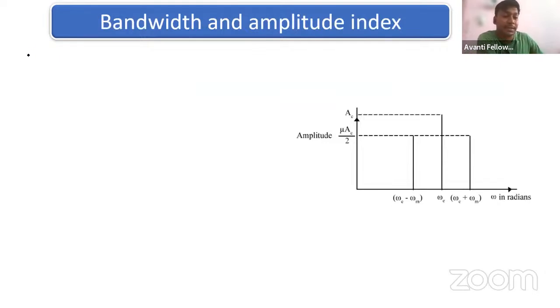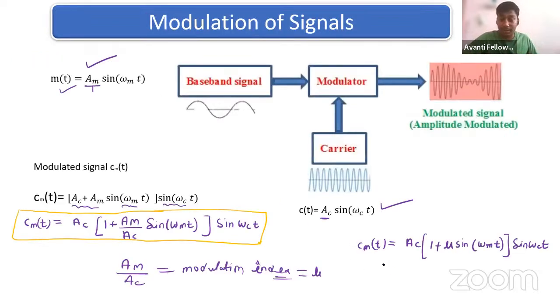Now, if I expand this formula, CM(t) will be equal to AC sine omega c t plus AC mu sine omega m t sine omega c t. I am expanding this formula.